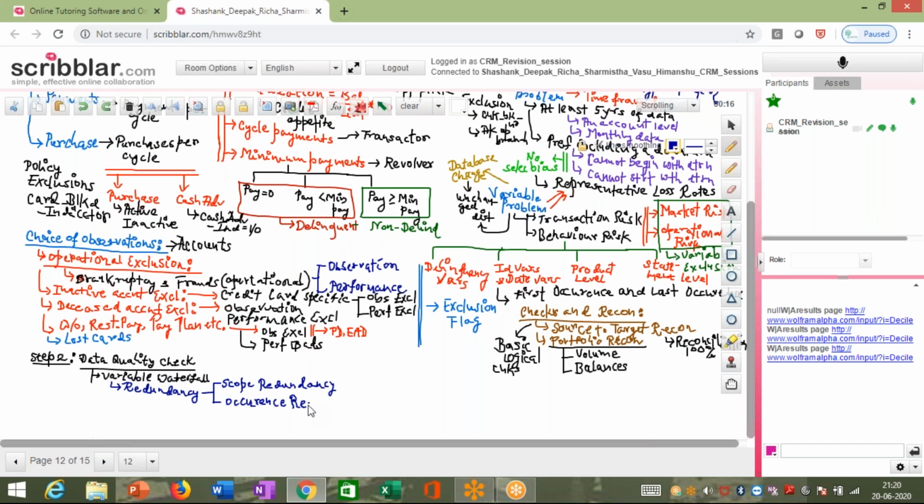So variables which are very regular in terms of their occurrences. What type of exclusions happen here in terms of redundancy? First is your out of scope variables.